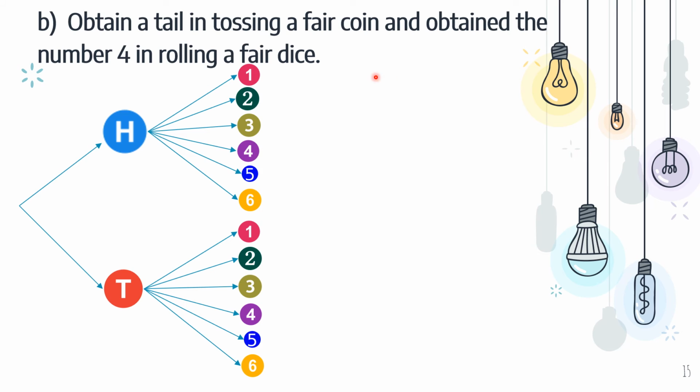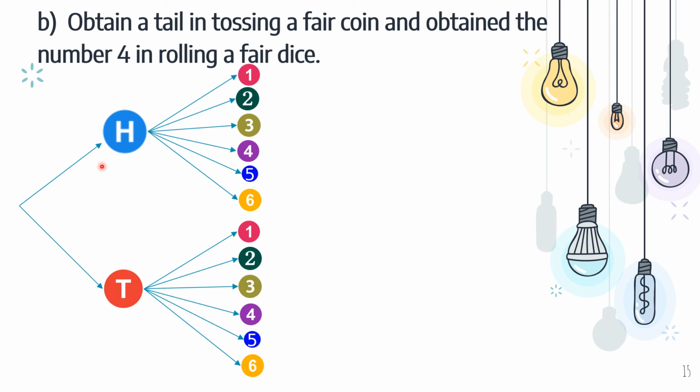Okay, now we go to B. Obtain a tail in tossing a fair coin and obtain the number 4 in rolling a fair dice. So this is a coin and this is a fair dice.